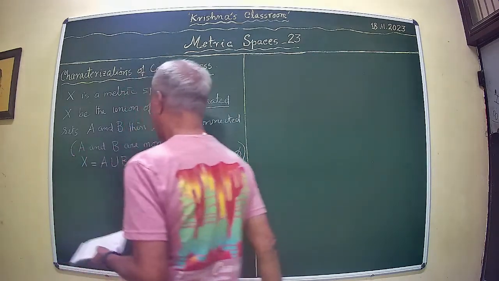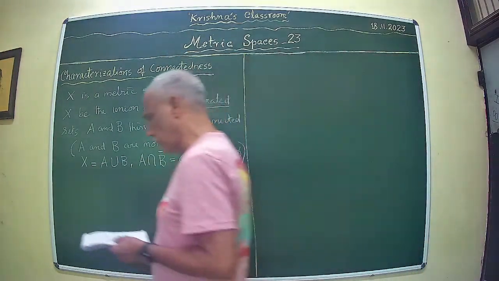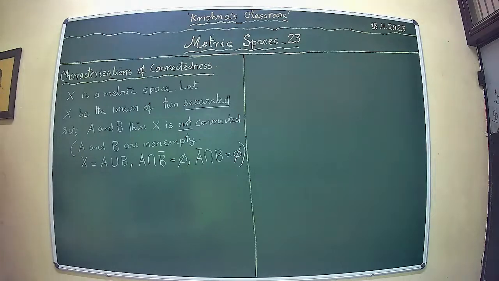So if A and B are such that these conditions are satisfied, then you say A and B are separated.